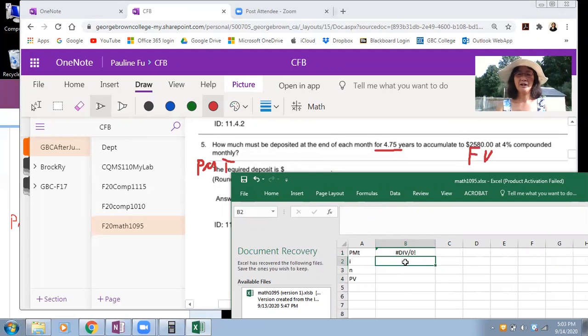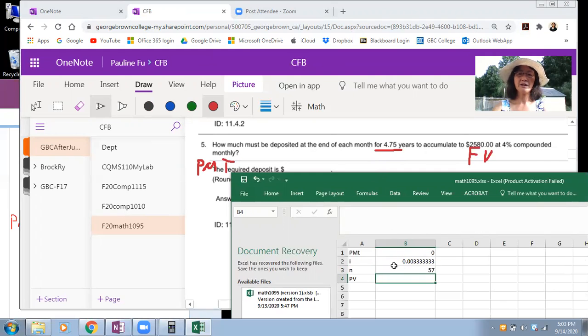So what is the interest? Interest is 4% compounded monthly divided by 12. That is interest. N, what is N? N equal to 4.75 years times 12. That is N.